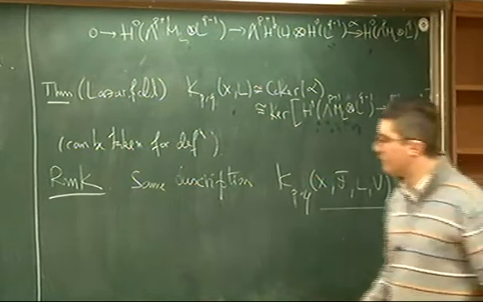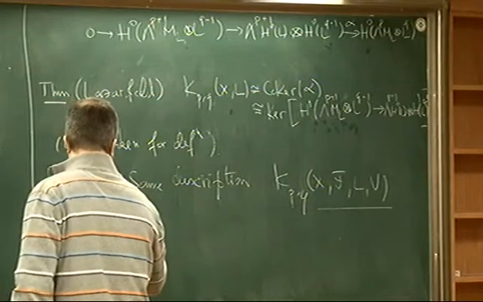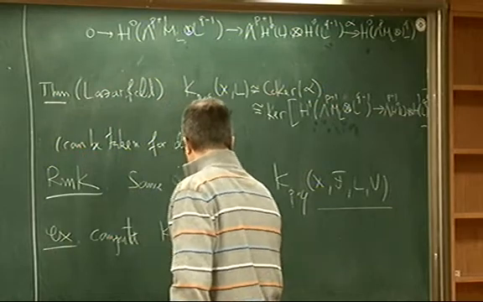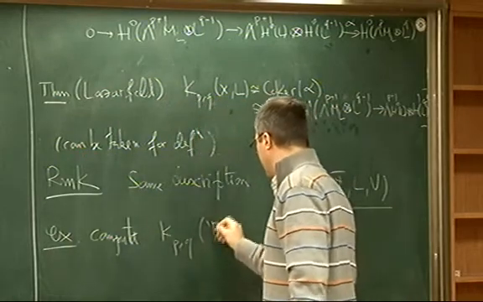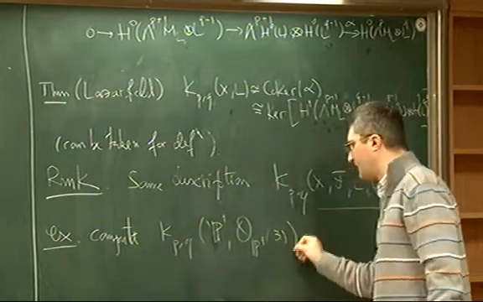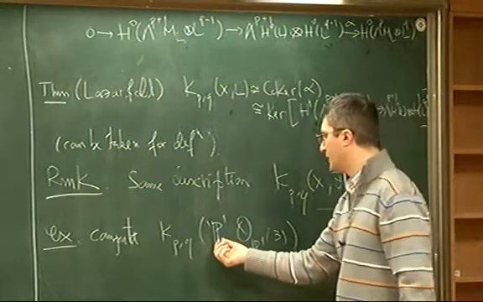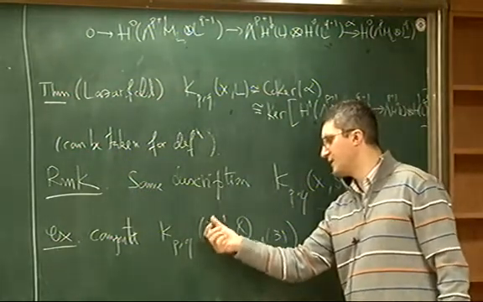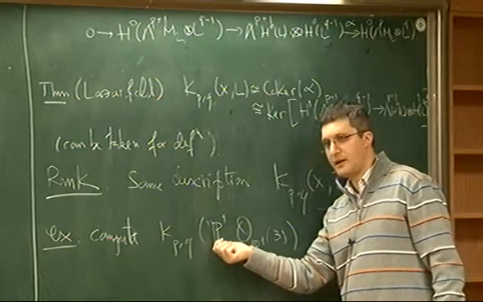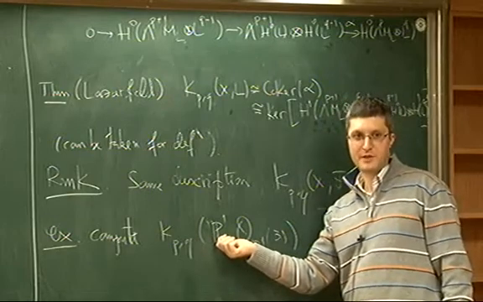Okay, just for fun, let's compute the Koszul cohomology of P^1 in P^3. So we know that the rational normal cubic in P^3 has the ideal generated by three quadrics, and these three quadrics have two relations between them.